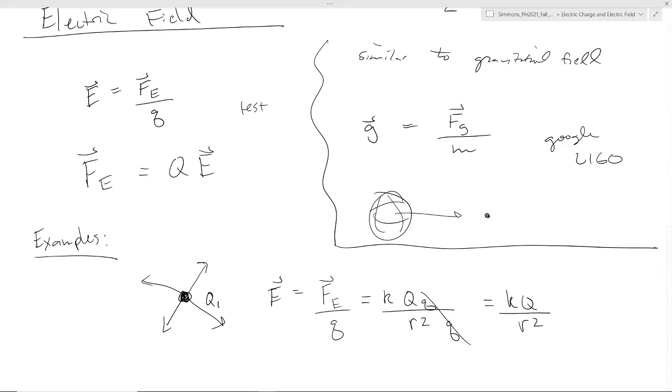And the real and important takeaway from this is the functional dependence. This looks like 1 over R squared. So this is the E field due to a point charge.